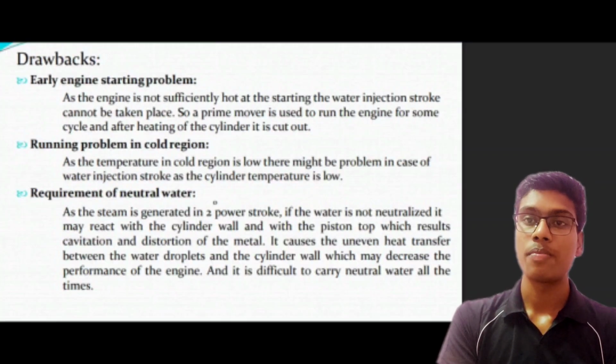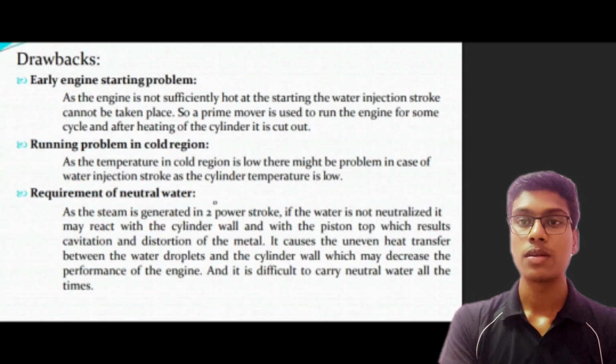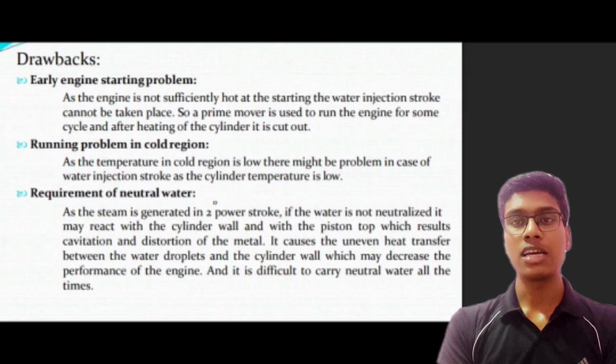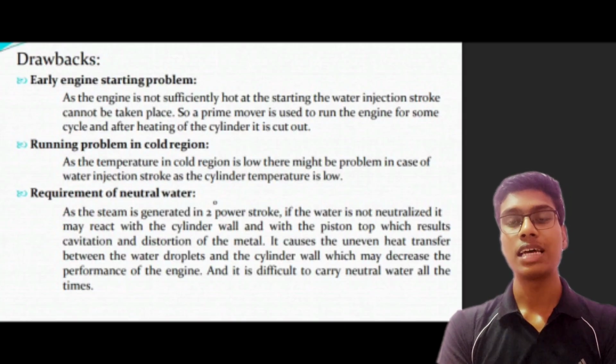So to reduce that, as a precaution against thermal risk, we have to add water droplets. For adding water droplets, we have to design a separate water container. So this makes an extra cost.